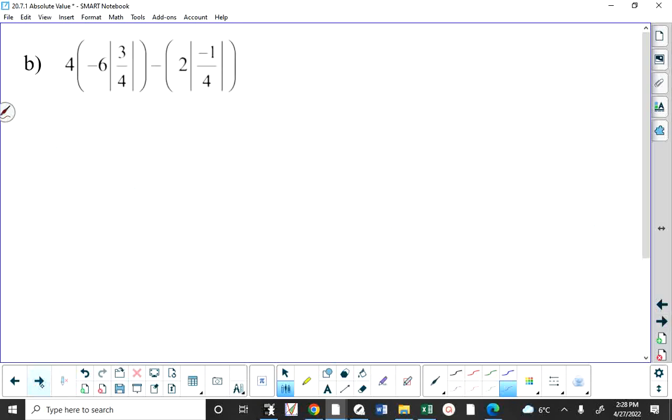Well, let's deal with the absolute values first. I have 4 times -6 times the absolute value of 3/4, which is just 3/4.